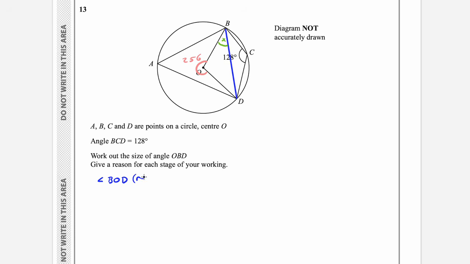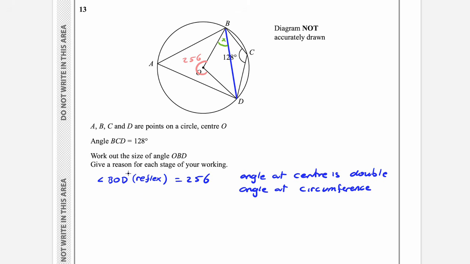The reflex angle BOD is equal to 256, and then your reason is angle at center is double angle at circumference. Okay, I know, guys, this is annoying writing all this.